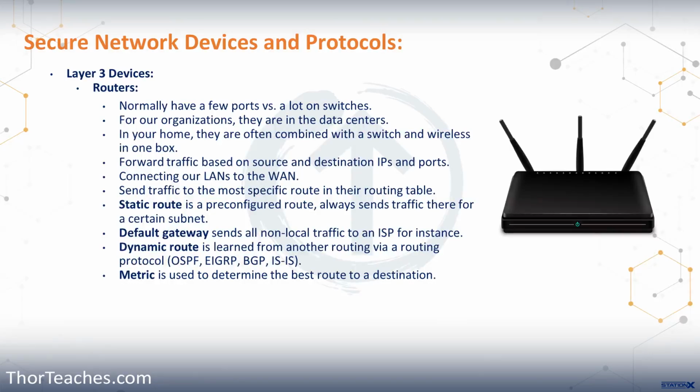So if there's one path where there are 6 routers before you get to the destination, and another path that has 8, well then distance vector routing protocols will send all the traffic out the path that only has 6 routers regardless of how fast that path is. Whereas a link state routing protocol would look at the bandwidth of that path and choose the fastest path, regardless if it is 6 or 8 routers on that path.